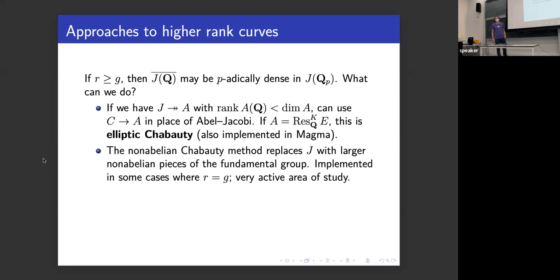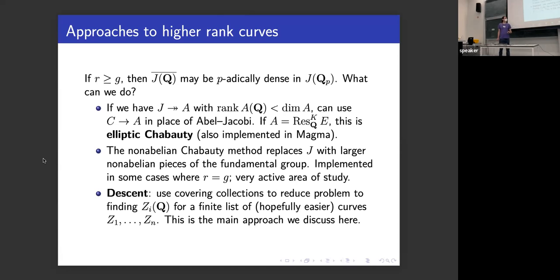In what's called quadratic Chabot, that goes just one step in the lower central series beyond abelian Chabot, this has been implemented in some cases where the rank is equal to the genus. And this is a very active area of study, which I'd be happy to talk about later, but I'm not going to say anything more about here.